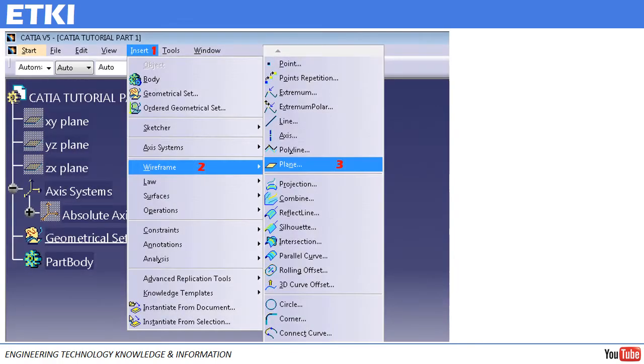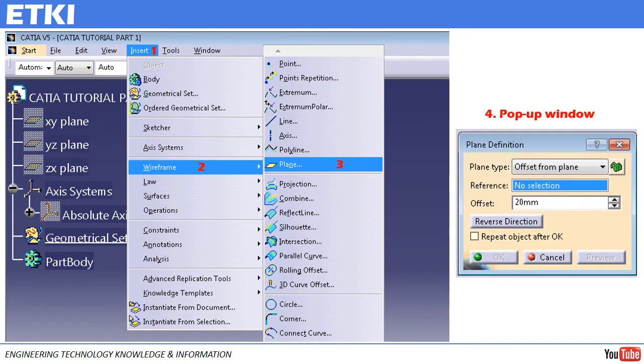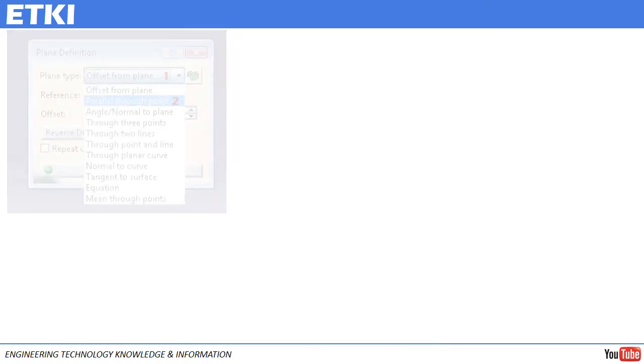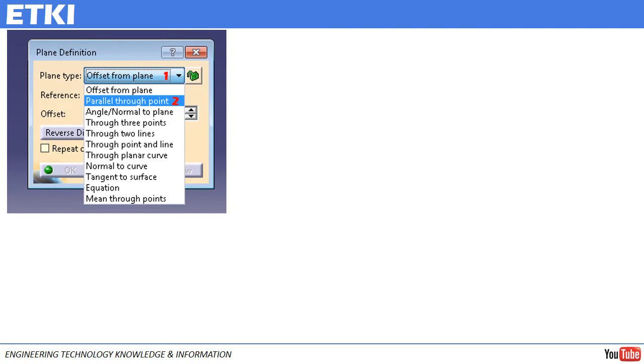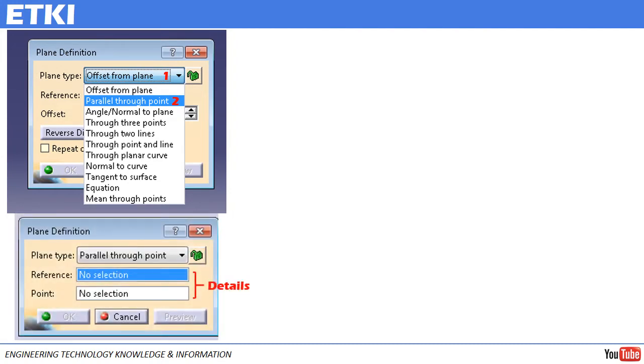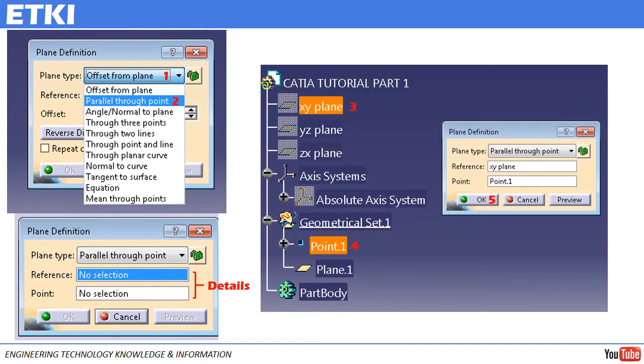Again click on Insert, Wireframe, select Plane option. Once you click on Plane, a pop-up window will come. In the pop-up window, select the plane type as parallel through point. Then select reference as XY plane, and for point you select the point which we have created in the previous session.